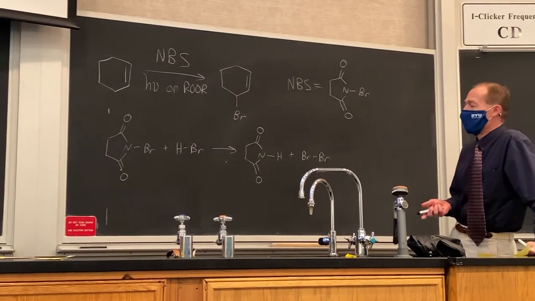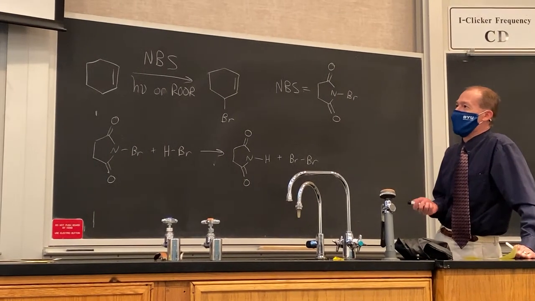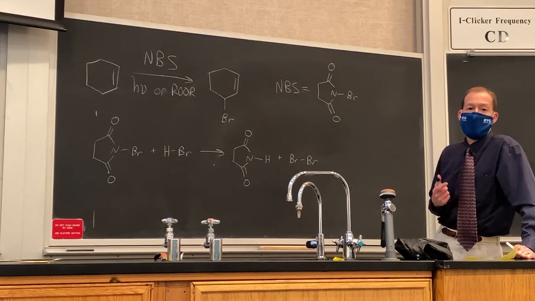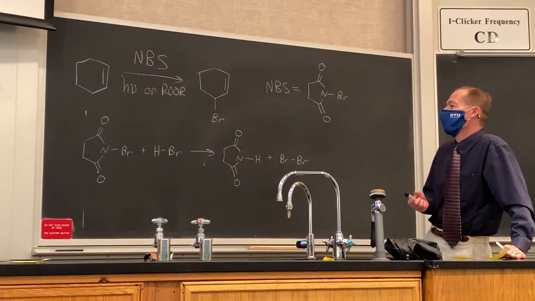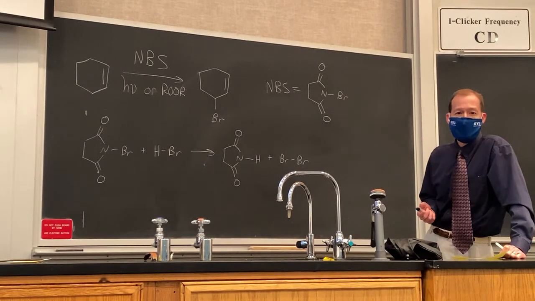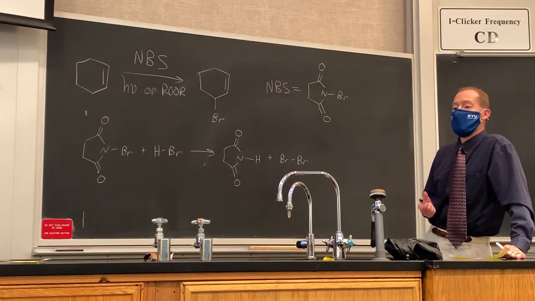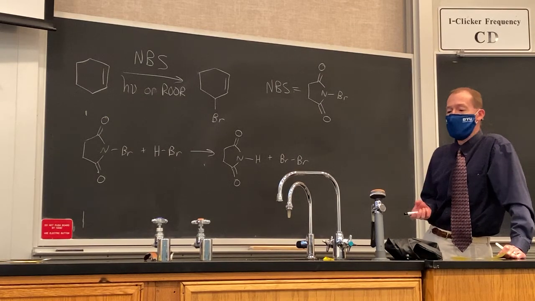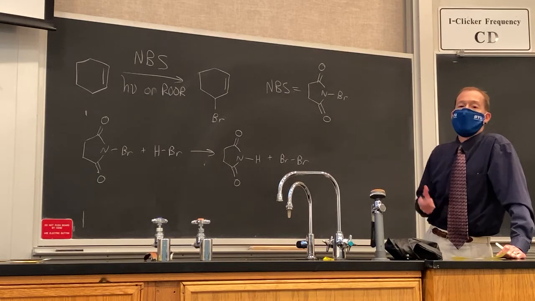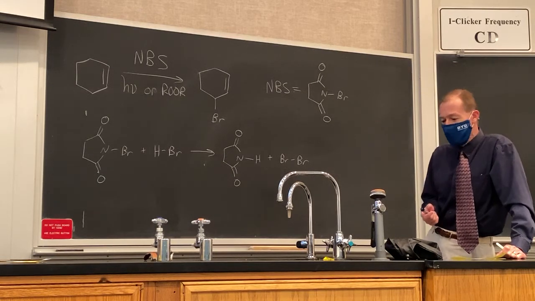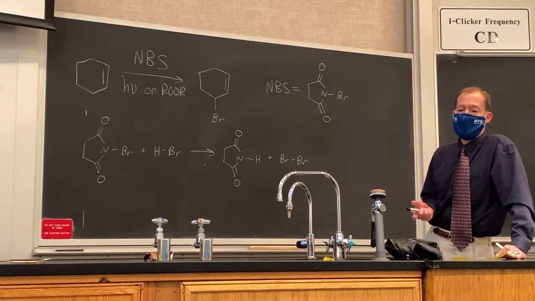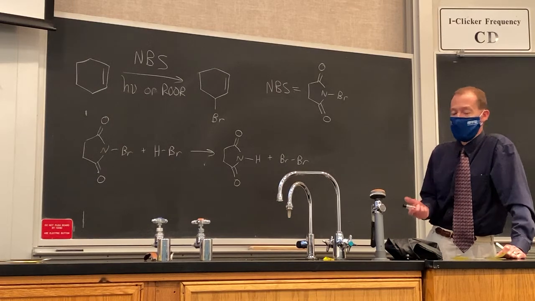So it is vital in this reaction to have a low concentration of Br2, okay? Think back to chapter 10 and ask yourself, what reaction did we learn in chapter 10 with an alkene and Br2? We learned that you can halogenate a double bond.